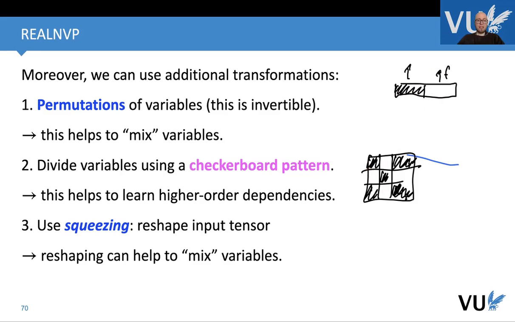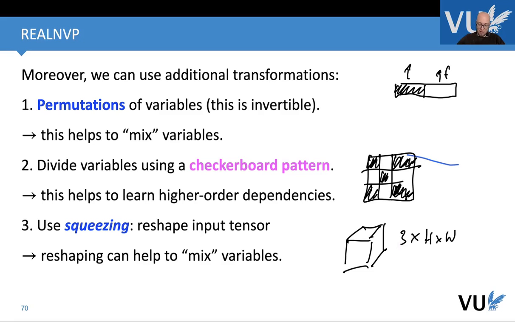And another thing is something that is called squeezing. So we reshape the image because, of course, images are tensors with 3 channels, height and width. And now this number 3 doesn't fit our scheme very well, where we divide something into two parts.